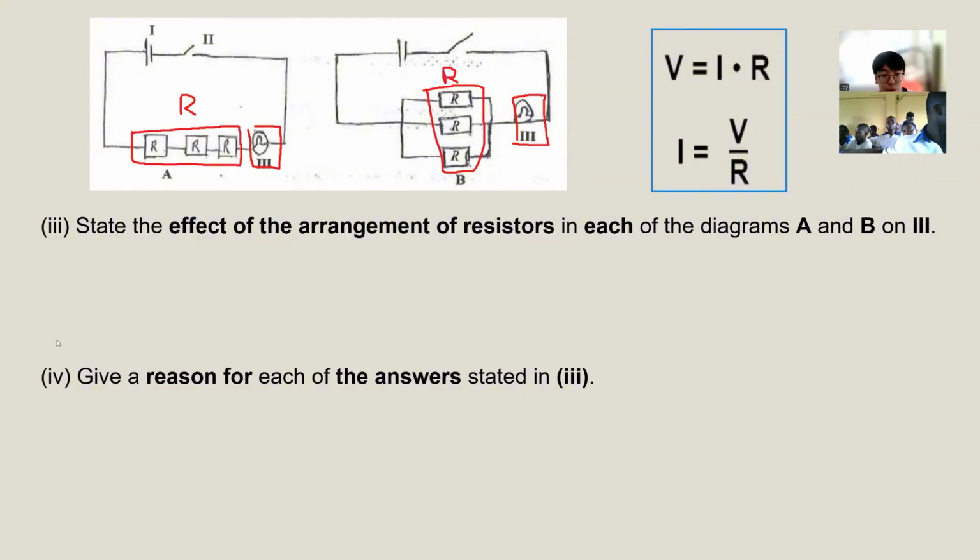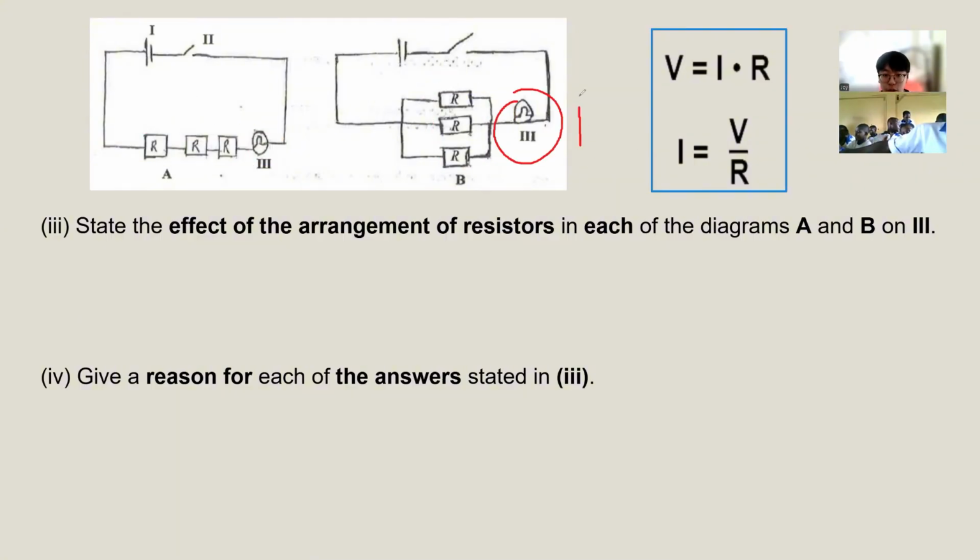The bulb will grow brighter in parallel. It will be very bright in parallel. But in series it will be just a little bright, only a little. It's way less bright than parallel because parallel has less resistance to the current.